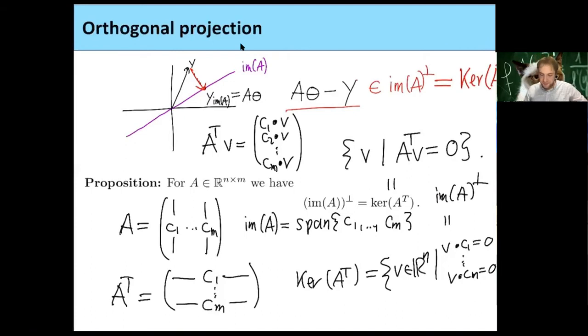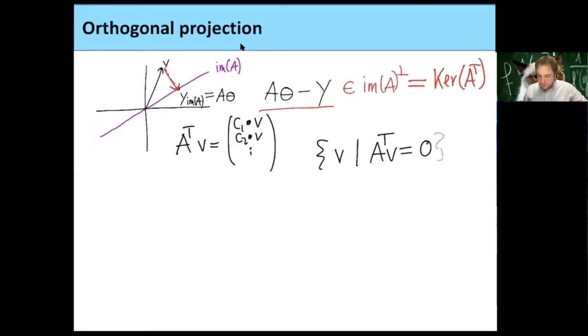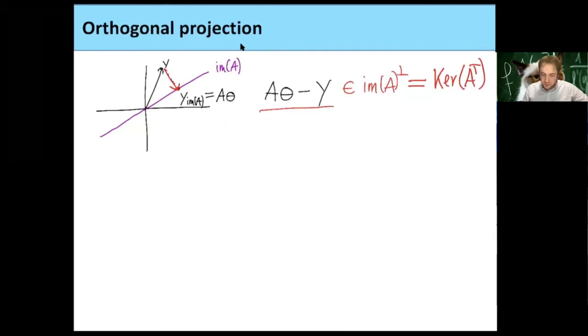And in a second, we will have exactly the equation we were looking for. So the original problem is we have a matrix A and a vector y. We want to find a theta such that A times theta, which is something in the image, is such that the difference here is in the orthogonal complement, because then this is the nearest point to this y.